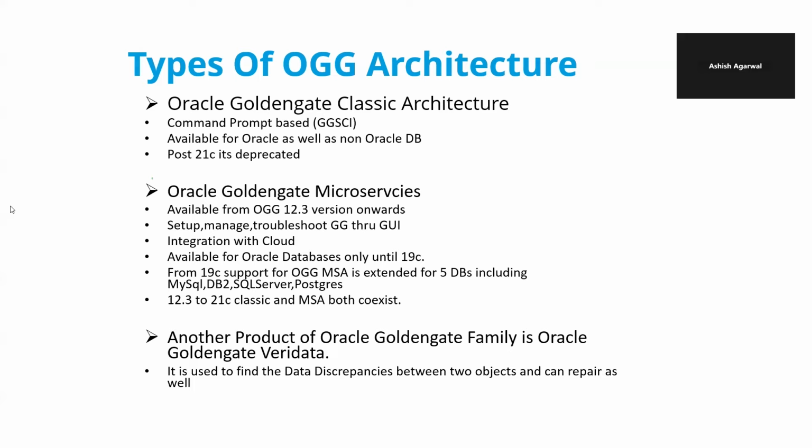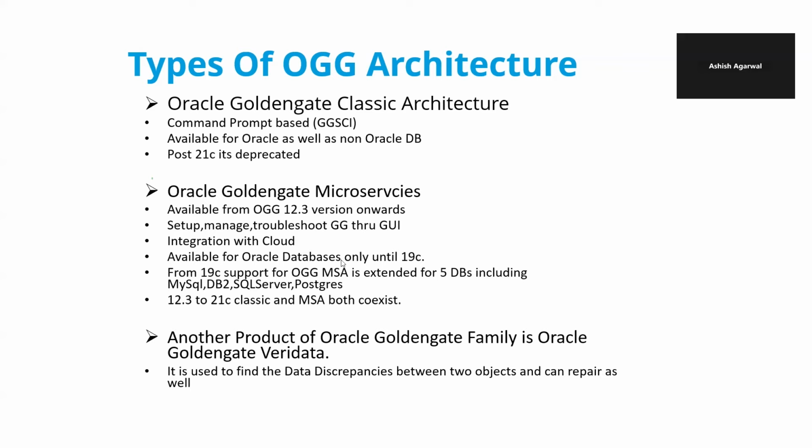So still classic is the dominant player, even though it is getting deprecated from 23. But yeah, if I have to sum it up, classic architecture is the present of Golden Gate. Microservices is the future of Oracle GoldenGate.